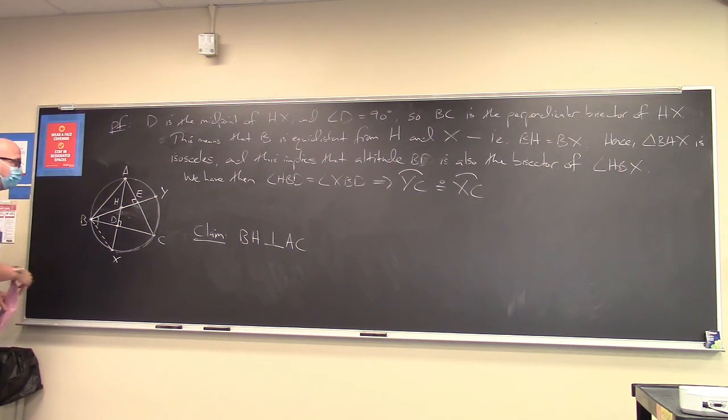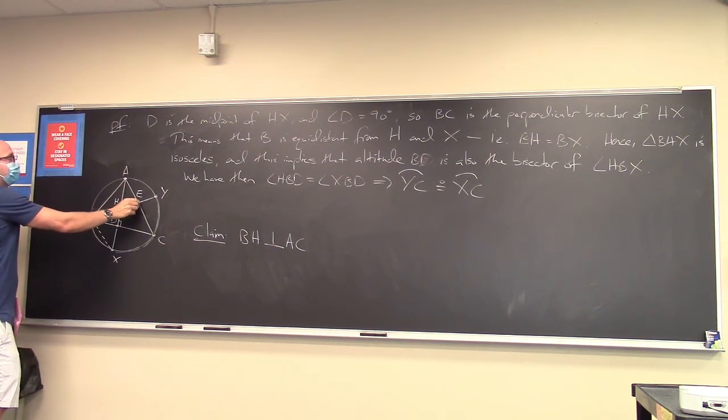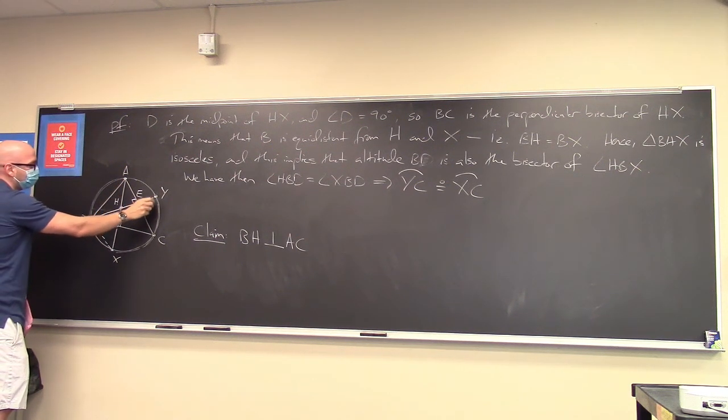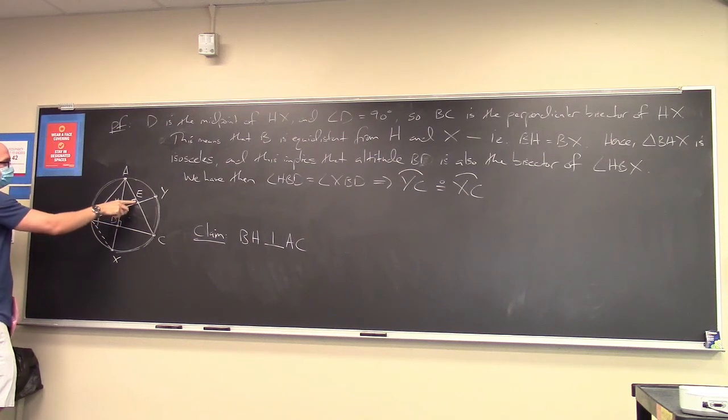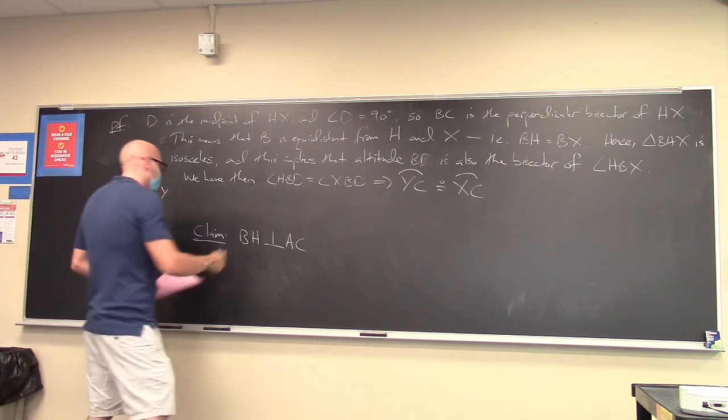We had this theorem maybe 2 weeks ago that said that the angle between two intersecting chords is the average of their subtended arcs. So this angle right here would be 1/2 of AB plus YC. So somehow I need to measure these things, and the way we're going to do this is actually this way.